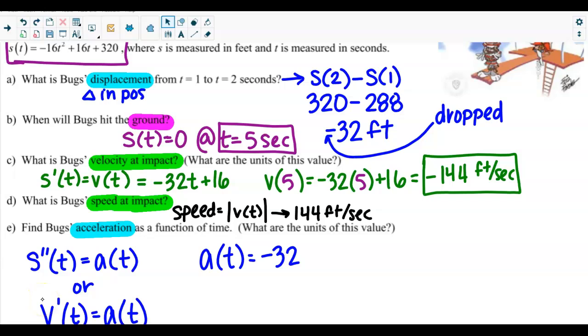All right, so once again, displacement is just a change in position. So we wanted to find the change from time of 1 second to time of 2 seconds. When we find that, he drops 32 feet. And again, we found that just by plugging in 2 for t and 1 for t. Now when he hits the ground, that's when our position is 0. There are a couple ways we could have found this, 5 seconds.